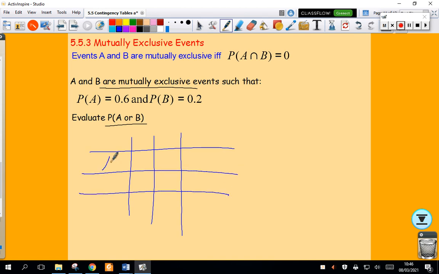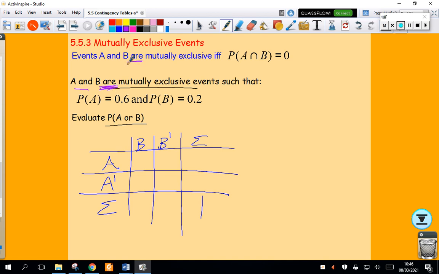My events here are A and A complement obviously, and B and B complement. And we know the sum of all the probabilities for any experiment is 1. So the first thing I'm told is that A and B are mutually exclusive.